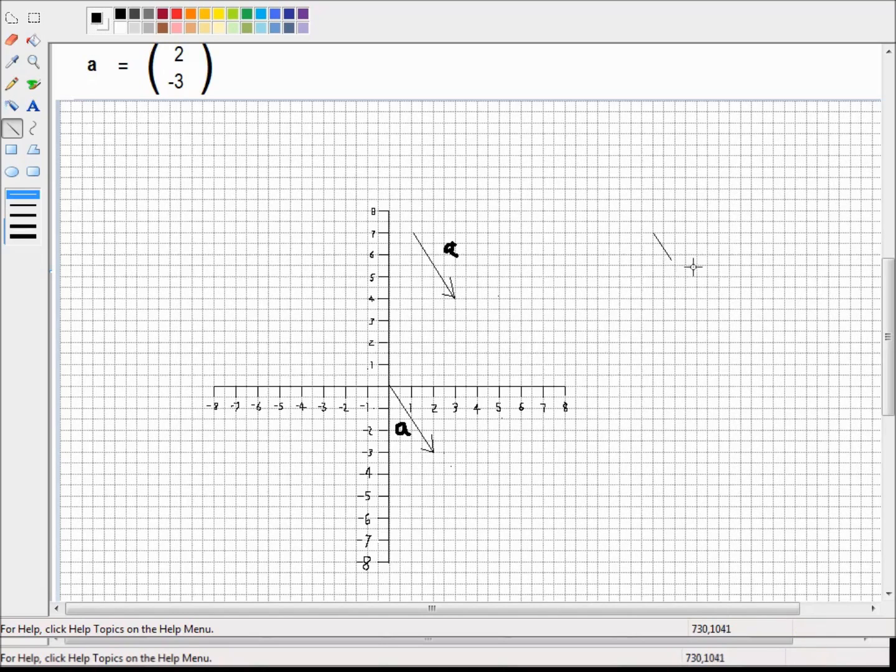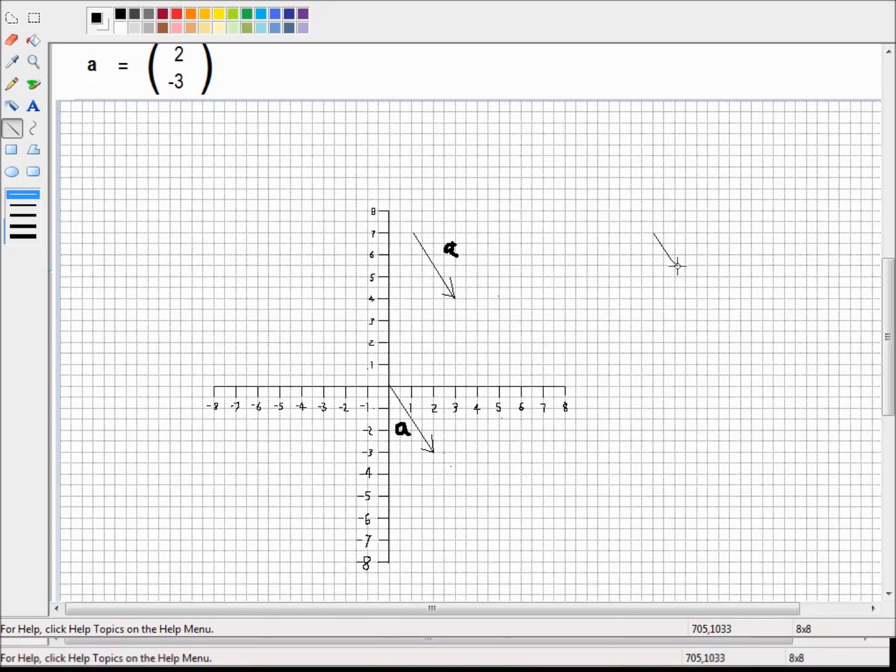Let's make sure I've got that right. 1, 2 across. That's 2 across. That's 2 down, not 3 down, I think. My eyes don't focus very well, I'm afraid.